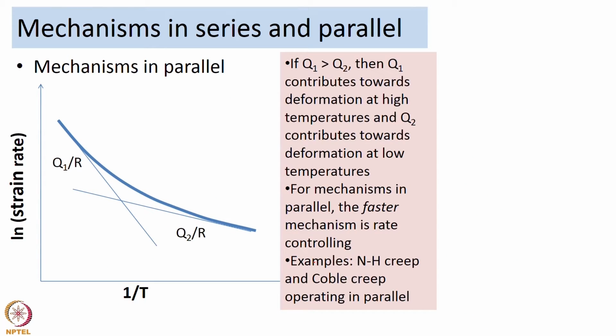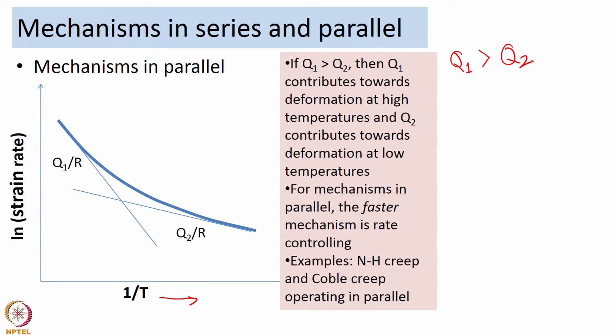Now, when you have two mechanisms operating in parallel, then the Arrhenius plot will look like this. So, you have ln strain rate versus 1 over T, and say Q1 is greater than Q2. So, the activation energy corresponding to mechanism 1, which is Q1, is greater than the activation energy for mechanism 2, which is Q2.